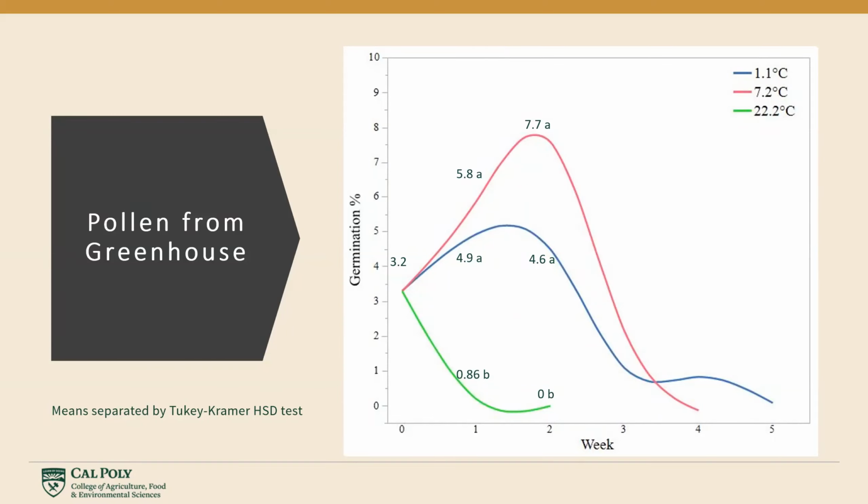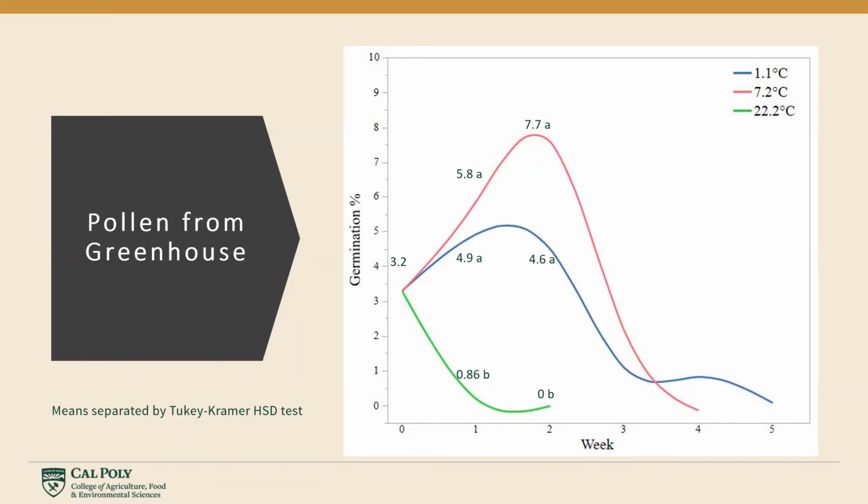And 1 week after storage in 7.2 degrees Celsius, there's an increase to 5.8% germination. Furthermore, there was an even greater increase at 7.2 degrees Celsius at week 2 of storage, with pollen having an average viability of 7.7% germination.